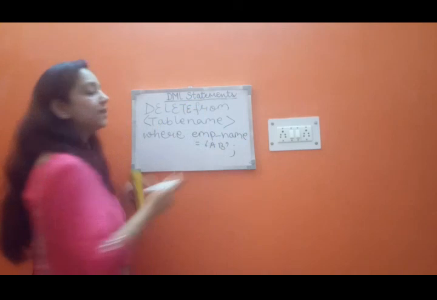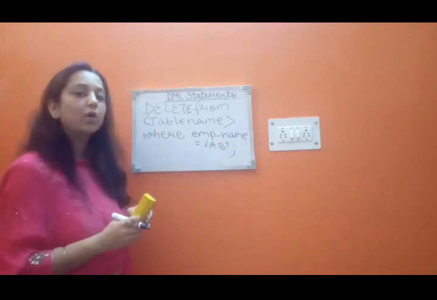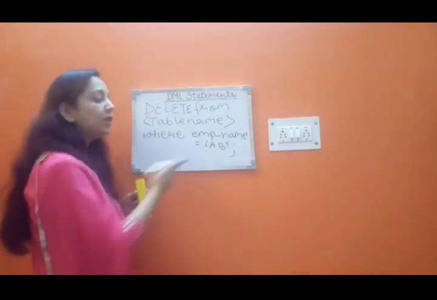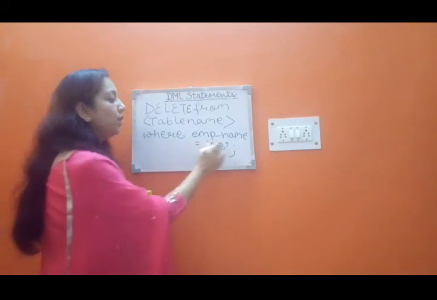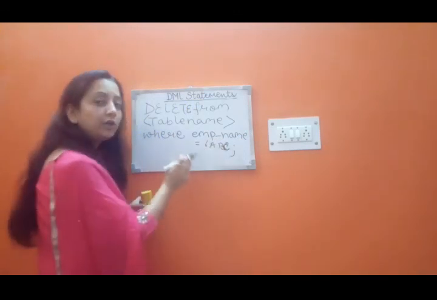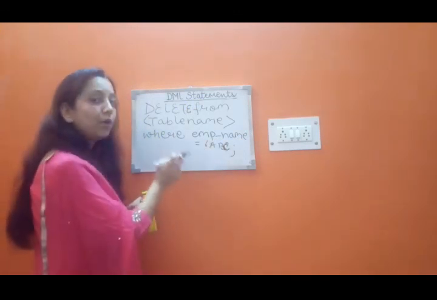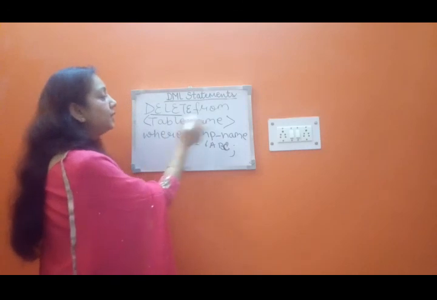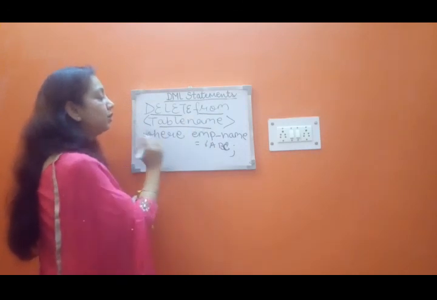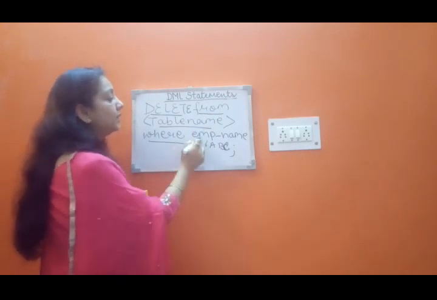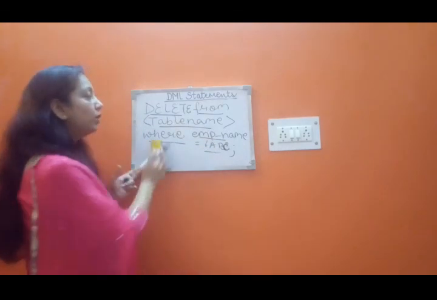Now say for example a particular employee has left my organization. In that case I do not want to keep the record of that employee. So I want to delete that particular tuple from the employee table. So I say delete from this particular table. What is the condition? That the employee's name is ABC. So delete all its records.